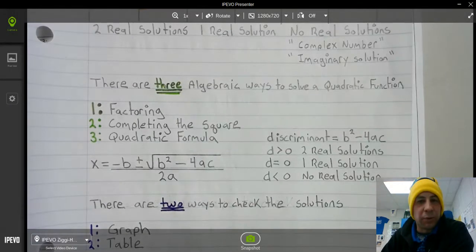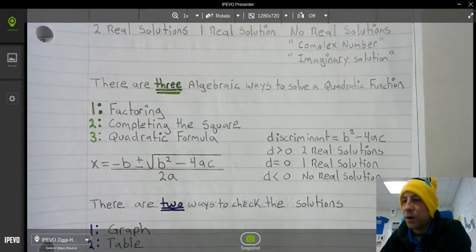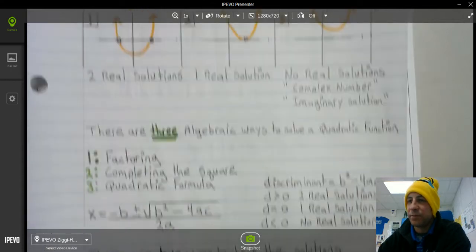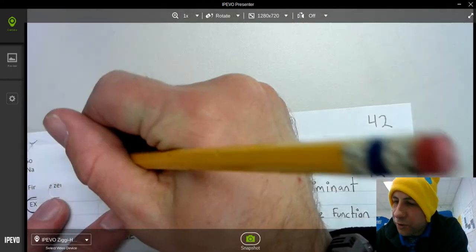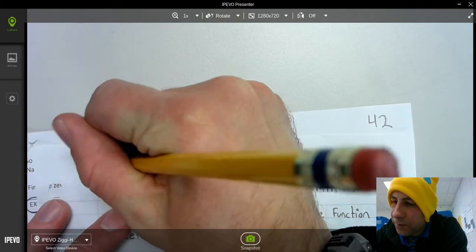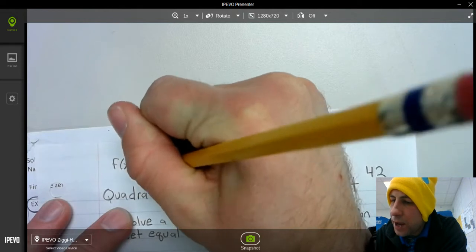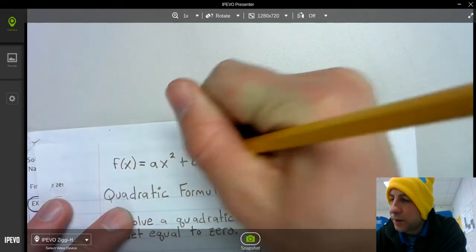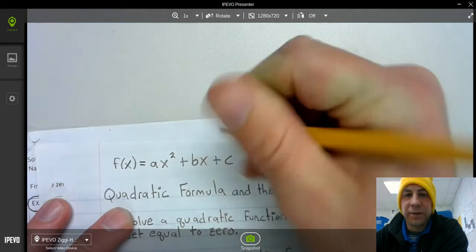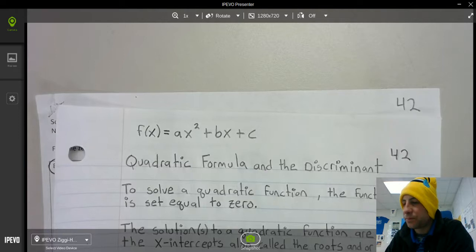Now, you're probably wondering, where in the world do those a, b, and c come from? Well, a quadratic function is f of x equals ax squared plus bx plus c. So that's where the a, b, and c come from, okay?